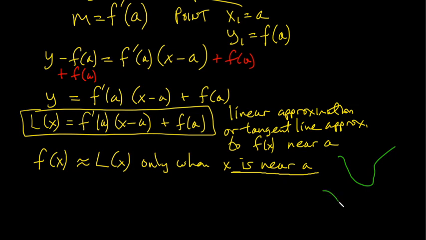I don't want a complete corner like this. Because if I have a corner or a cusp, remember at that point, f prime of a does not exist. There's no derivative when you have a corner like this. And then it's meaningless to even talk about the tangent line approximation at such a cusp, because if there is no derivative here, then there's no slope. So L of x just wouldn't exist at a cusp.